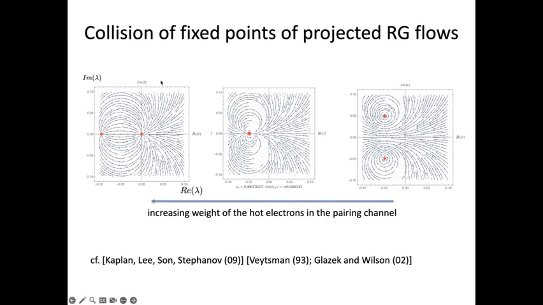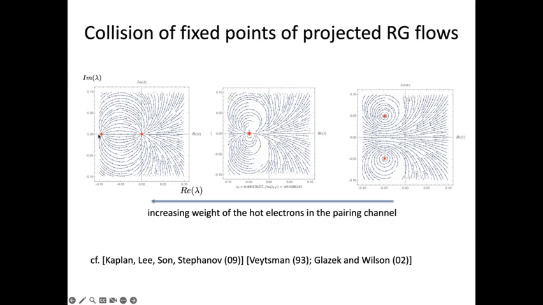On the leftmost is the channel where my Cooper pair has a very large weight at the hotspot. So it's essentially a channel where the hotspot electrons are dominant in my Cooper pair wave function. And surprisingly, in that channel, the fixed point arises on the real axis. So at least in this channel, there's a stable fixed point and one unstable fixed point.